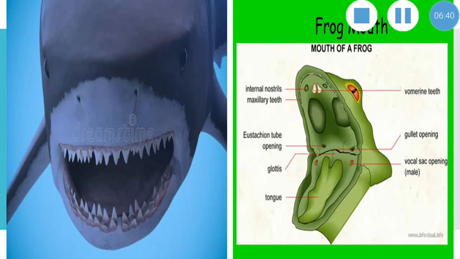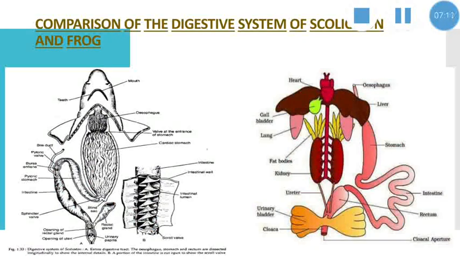But in the case of Scoliodon, the mucous membrane of the floor of the buccal cavity is raised to form a thick, broad, folded tongue. The tongue is small and attached at the base, non-muscular and non-protrusible, and it is not used to capture prey. The tongue is without taste buds, but in the frog the tongue has taste buds. Next is the pharynx. The buccal cavity leads to the pharynx.